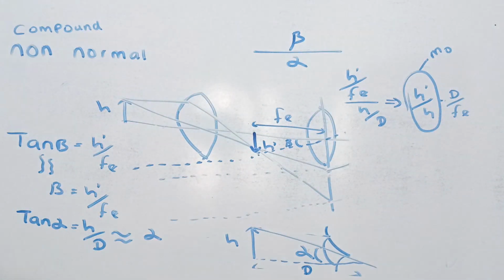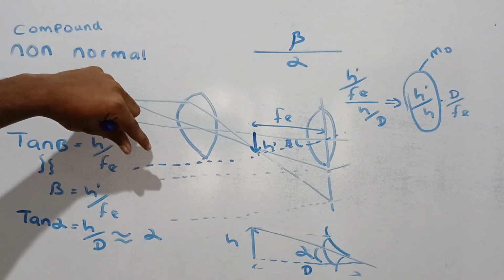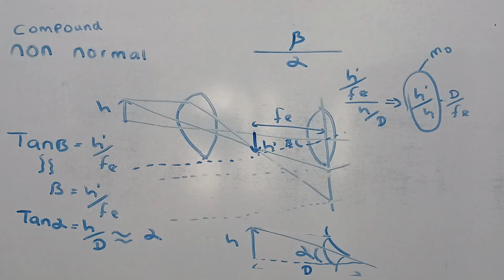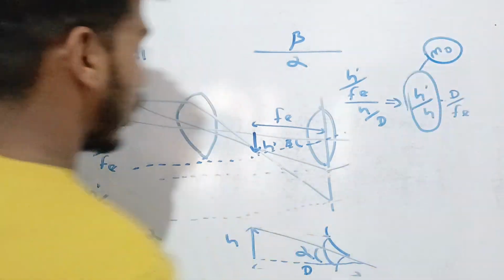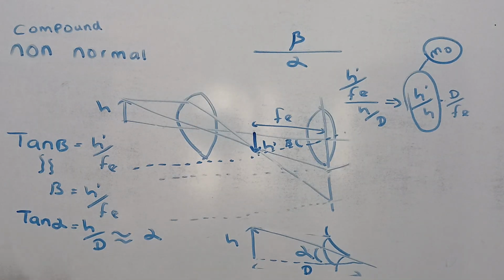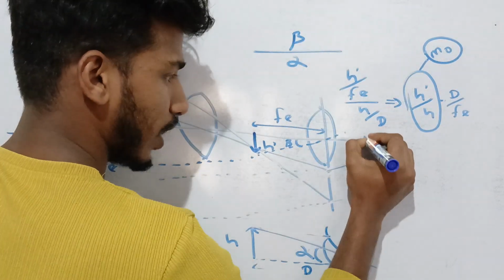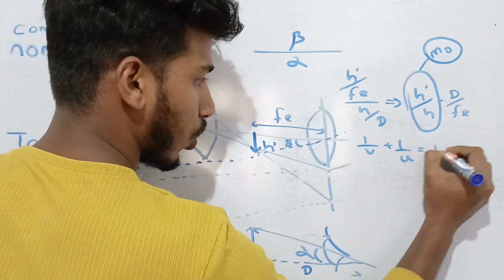I said this in the previous part as well. You can also consider image distance or object distance, and from those you can obtain that idea. So let me obtain an expression for the magnification created by the objective lens. I'm not going to waste any time, because we know the lens formula now: 1 over v plus 1 over u is equal to 1 over f.